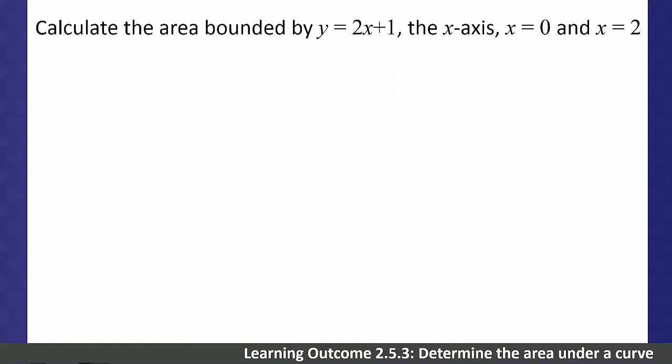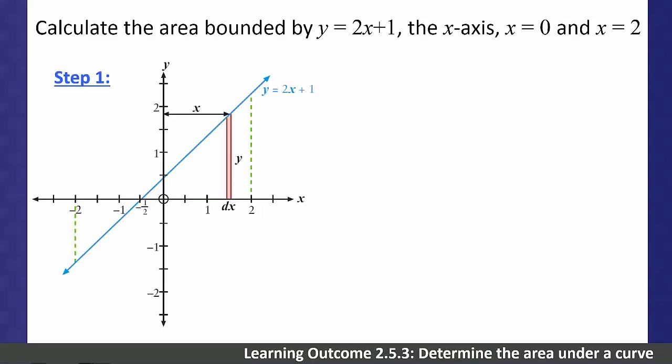Let's work through a simple example using these steps. Calculate the area bounded by the function y equals 2x plus 1, the x-axis, x equals 0 and x equals 2. Our first step is to draw the graph and choose and draw in a very narrow rectangle with the length y and the breadth dx. Step 2.